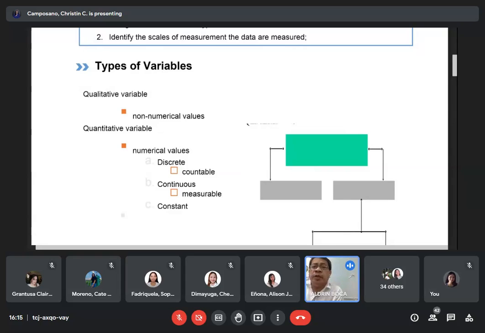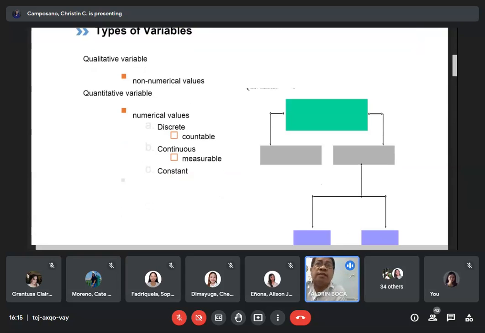When you say qualitative data, these are data that are non-numerical. For example, when you are asked to fill out a particular form and you see sex, you simply write whether you're a male or a female, or if there are boxes, you tick the corresponding box.